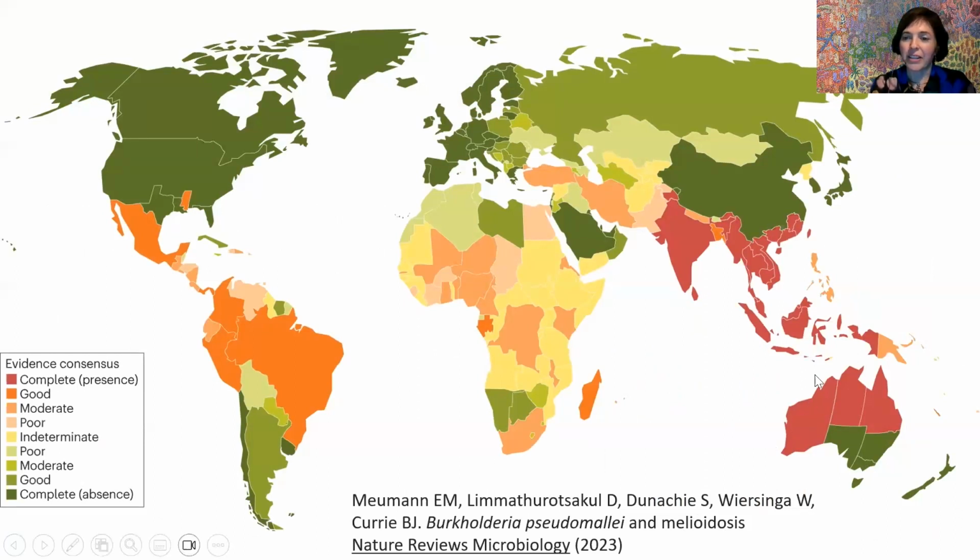And you can definitely see that it's Southeast Asia which is impacted. Obviously, the jurisdictions in Australia that are shaded in red don't have the organism throughout the state, like to the southern parts of those states. But you can see the distribution of the organism there. And I'd certainly encourage people to read this review if you're interested in melioidosis.